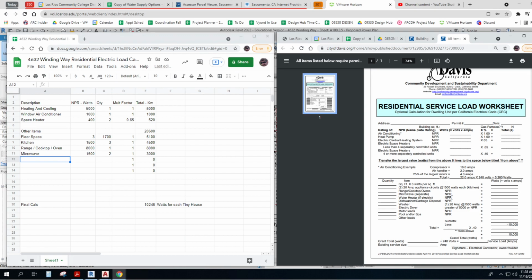An electric water heater, yep, go look one up. A dishwasher or garbage disposal, yep. A washing machine, I'll put that one in, washer. That's water heater, dishwasher, disposal, and now I got a washer.